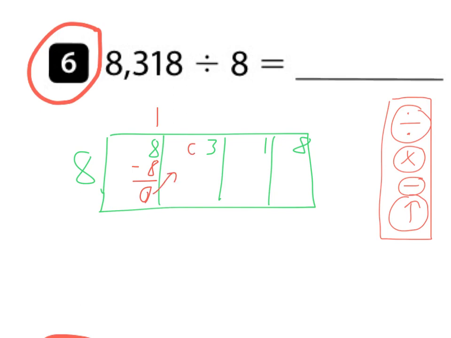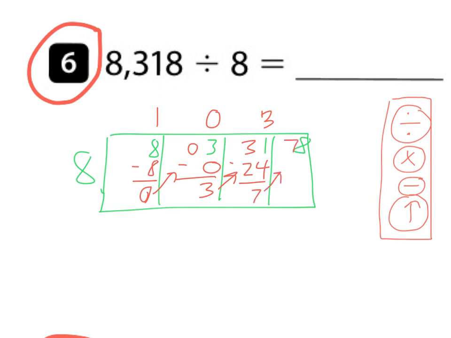Bring that 0 up. 8 does not go into 3, so we'd put a 0 here. 0 times 8 is 0. 3 minus 0 is 3. Bring that 3 up. And then 8 goes into 31 3 times. 3 times 8 is 24. 31 minus 24 is 7. Bring that 7 up.